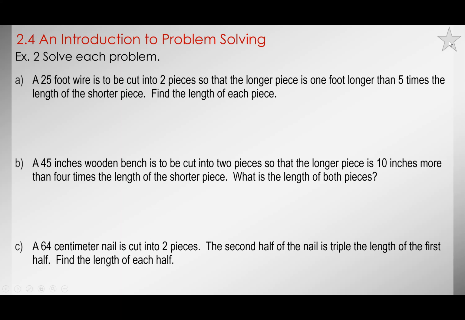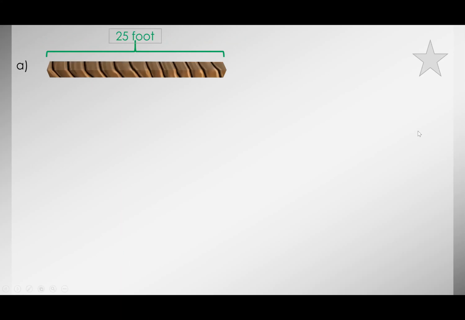Let's say that this is my wire, a piece of rope or wire that I need to cut. So do you agree that this wire is 25 feet long? And if this is 25 feet long, the question tells us that we need to cut it into 2 pieces.